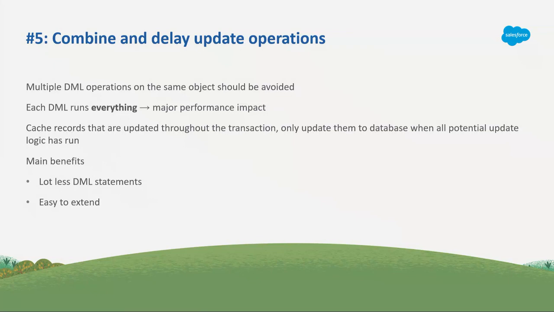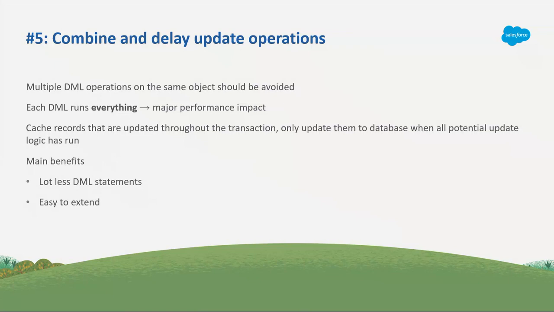So we are not running DML from each and every feature method, but instead we run the DML in a single operation. And this, of course, has a major performance impact because the DML was, I would say, the main cause for bad performance, and with this approach we're able to avoid a lot of those.